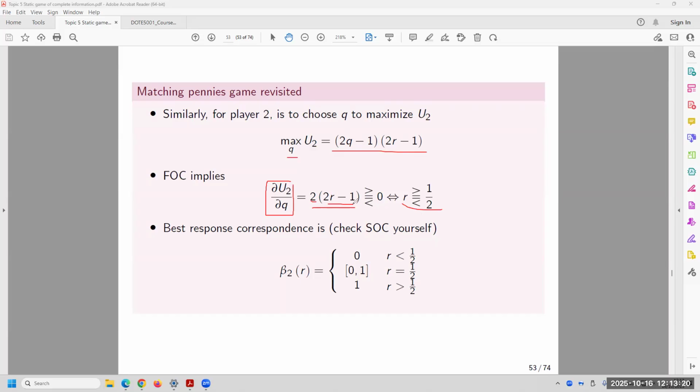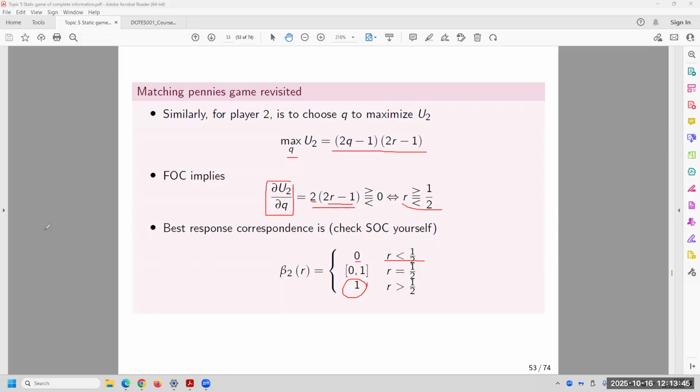If R is more than 1/2, meaning that player 1 is more likely to choose head, then you will choose head as well, because player 2 wants to be the same as player 1. So that's why more than 1/2, you get 1 here. You choose head as well. If player 1 is more likely to choose tail, you also choose tail, right?